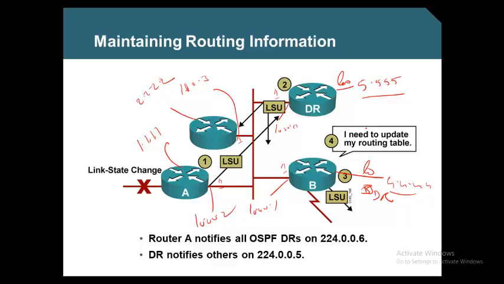All other routers will form full adjacency with the DR and BDR only. So whenever there is a change, a router will not send to all other routers, it will send only to the DR. DR will collect it and update the rest of the routers. In this way, duplication of updates and loops are prevented.